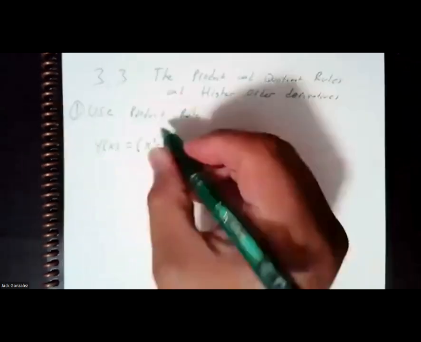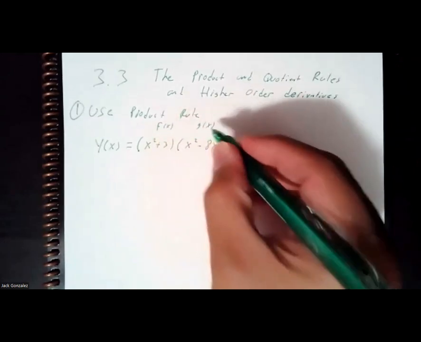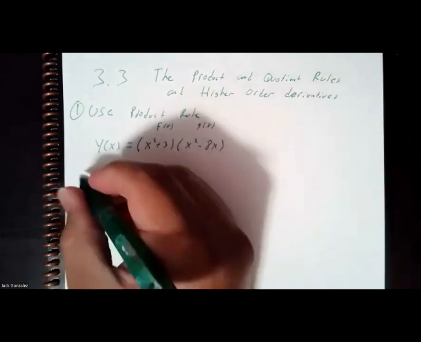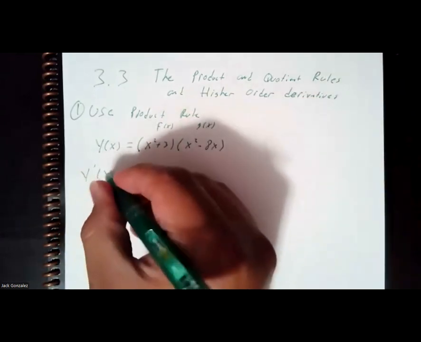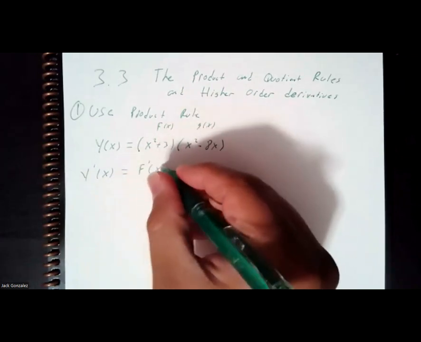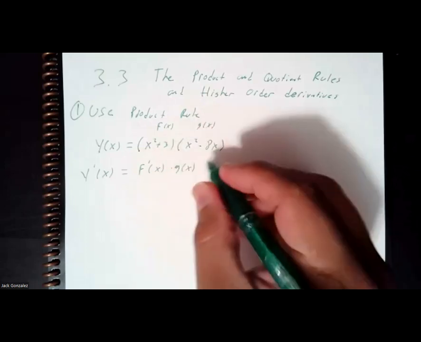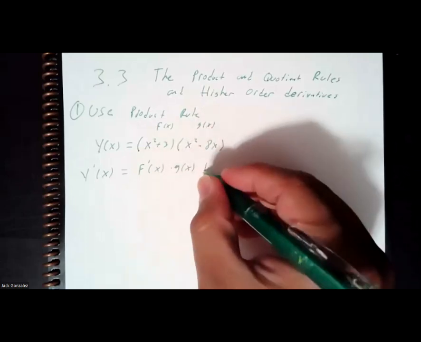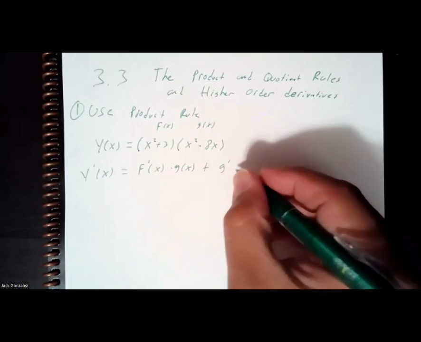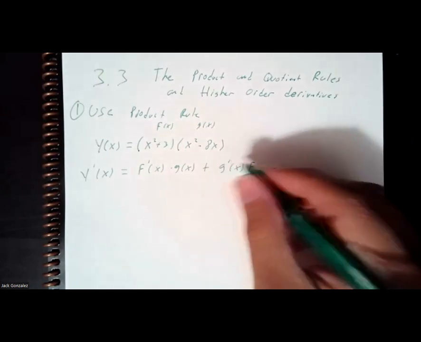So basically, think of this as your f function times g function. So the formula says that the derivative of y is equal to f prime x times g, so the derivative of the first term times the second term, plus the derivative of the second times the first.